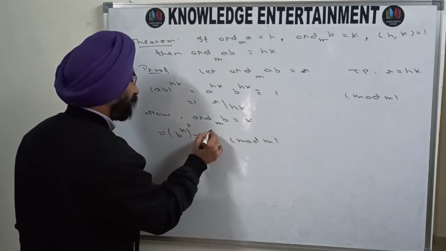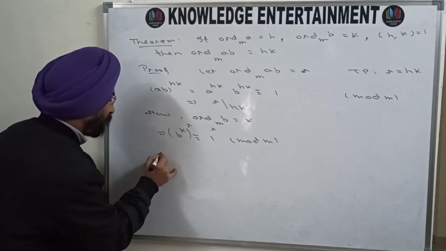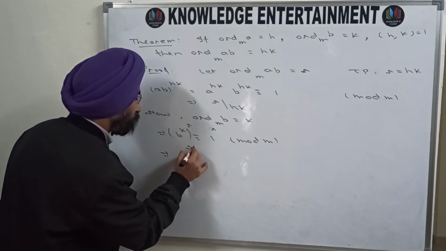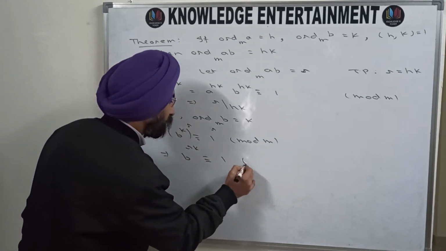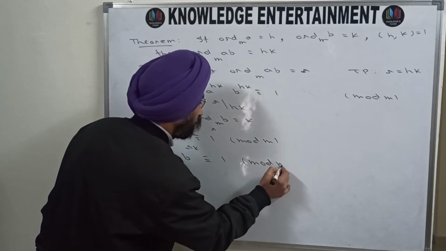So (b^k)^r and 1^r. (b^k)^r means b^rk, and 1 to the power anything is 1, so it is congruent to 1 modulo m.